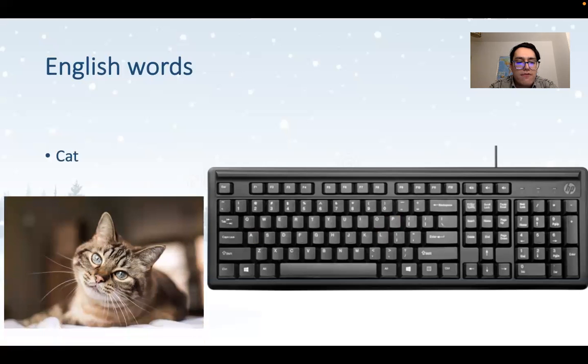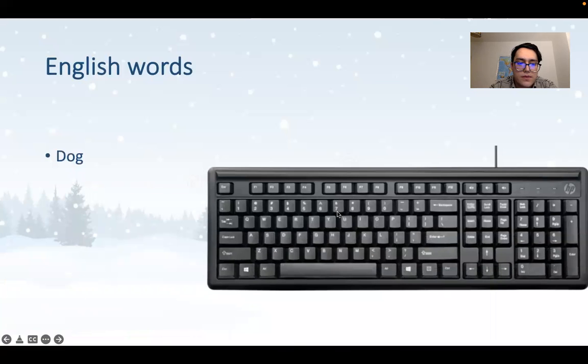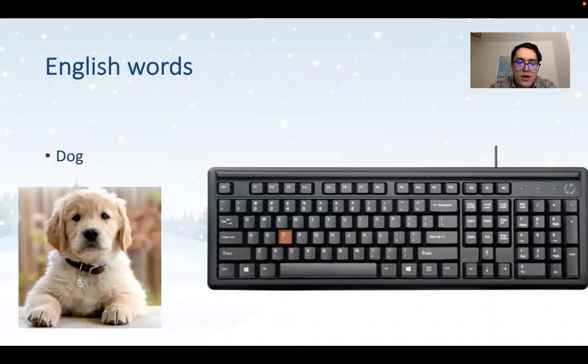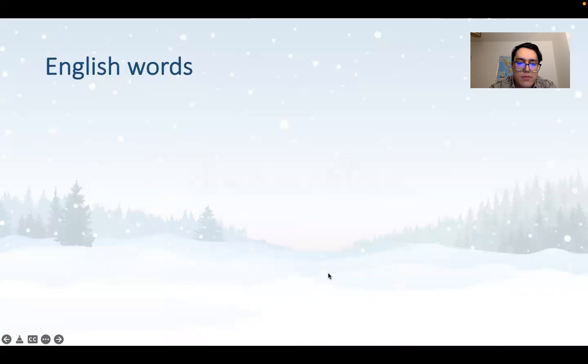Next word, we have cat. We need C first, so we find C on the keyboard, and then A, and then T. So C-A-T, cat. Next we have dog, D-O-G, dog. You can find it on your keyboard and try to type it.